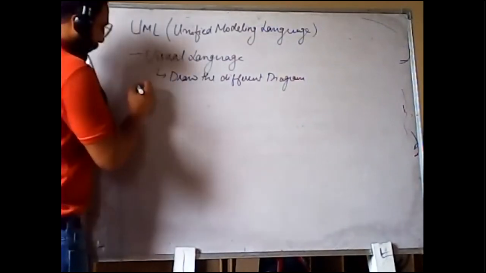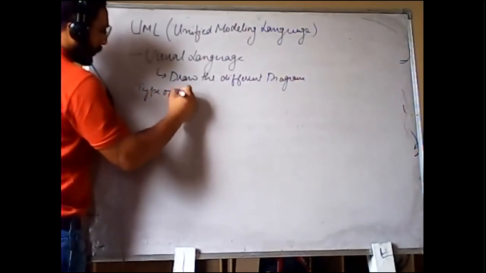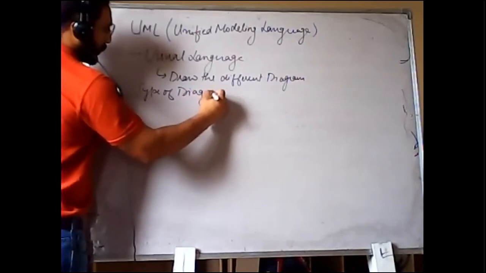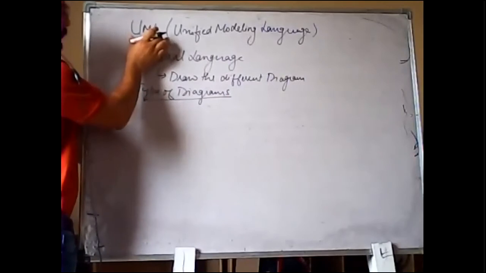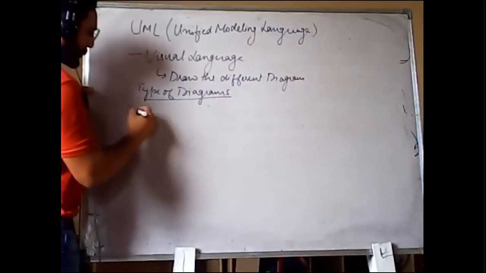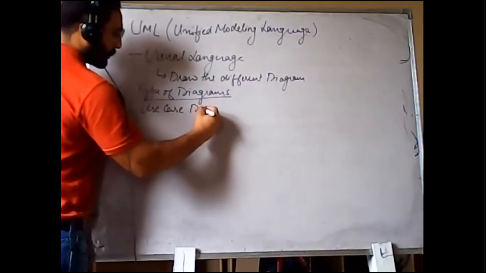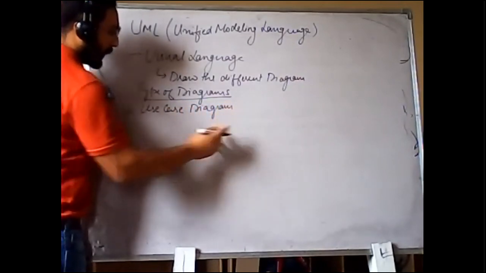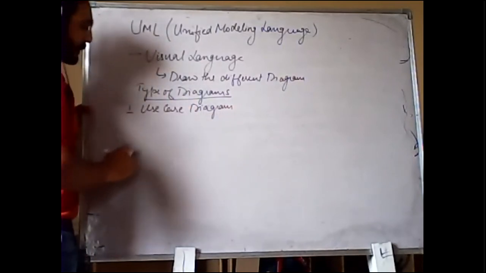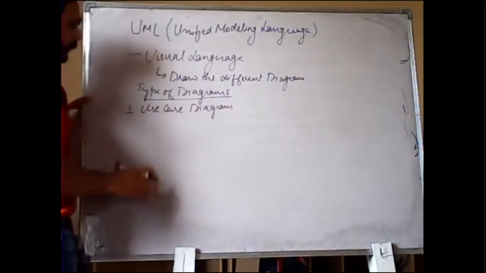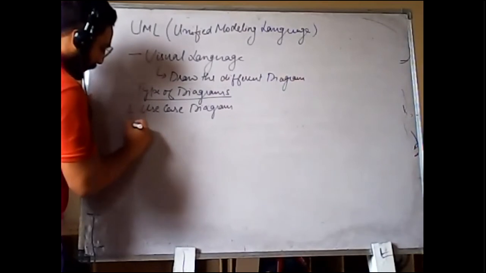And what are the diagrams? The types of diagrams that can be designed using UML: I will tell you how these diagrams work and what symbols are used in them. First of all, I will tell you all the types, then I will explain each and every diagram in detail.